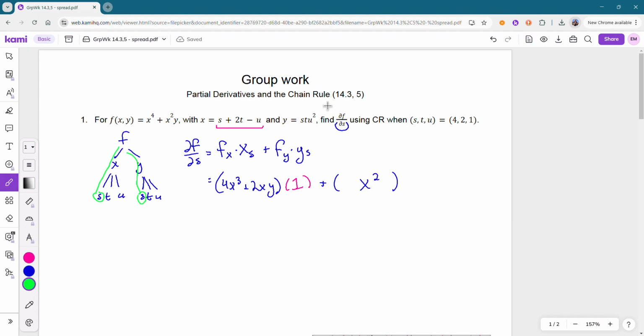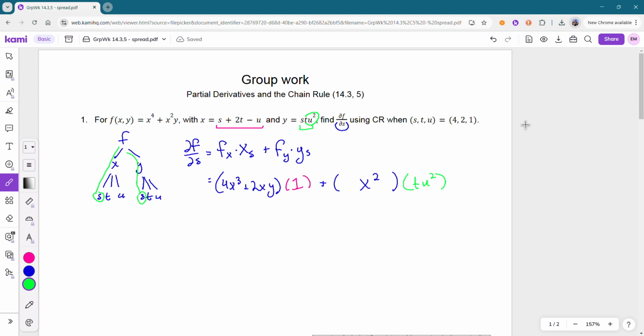For the last piece, y with respect to s, we're just looking at the formula for y, and if we're taking the derivative with respect to s, then t and u are constants, and so this t u squared is just some ugly constant multiplied against s, so in the derivative the s just goes away, and we're left with t u squared.